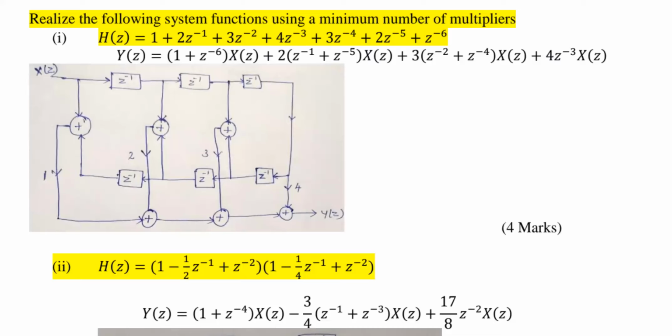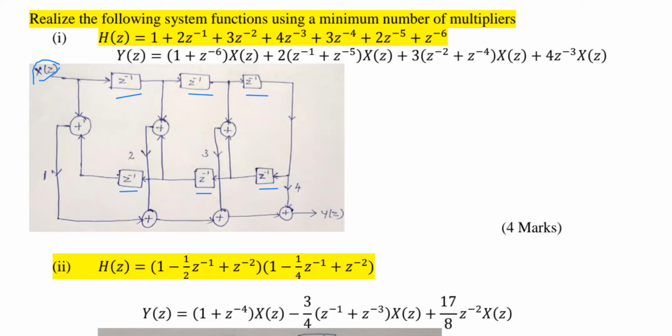For that, first we mark X(z) here. Then we mark the delay elements, each z^-1, one after another. Counting them, we have 1, 2, 3, 4, 5, 6 delay elements.